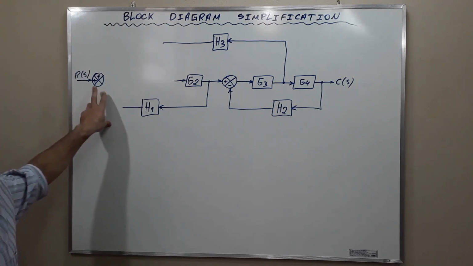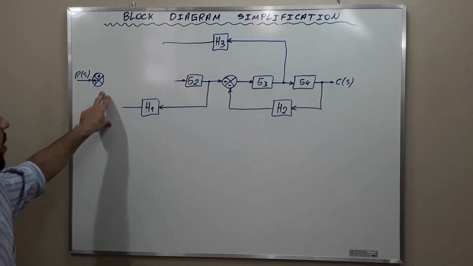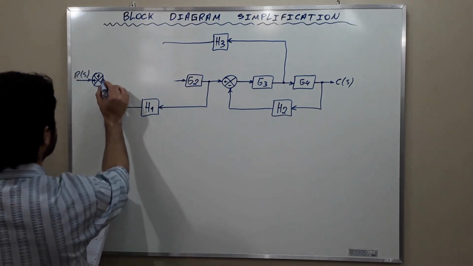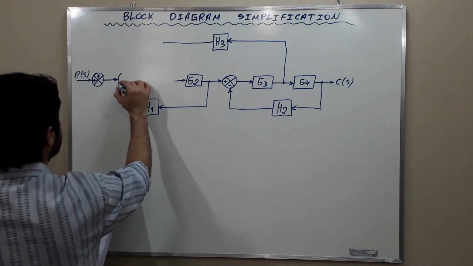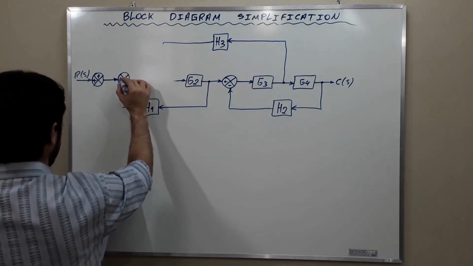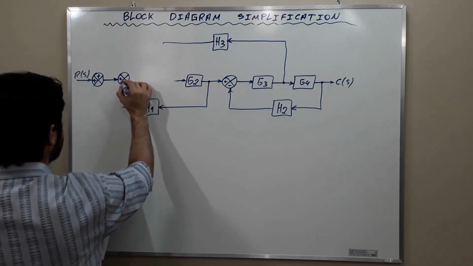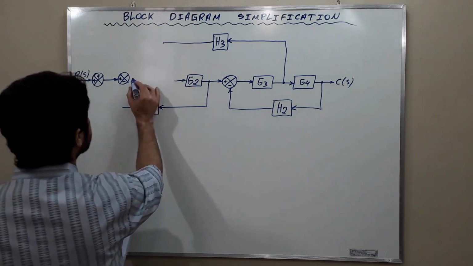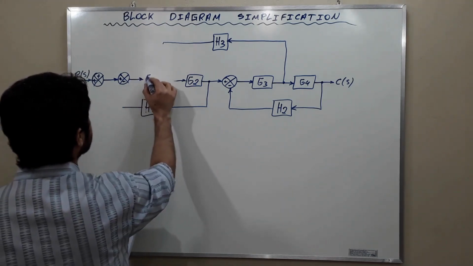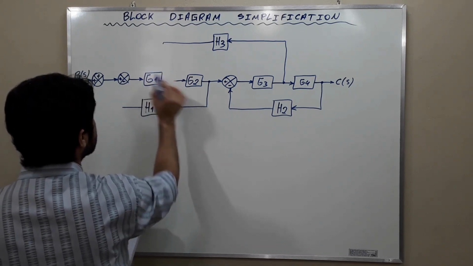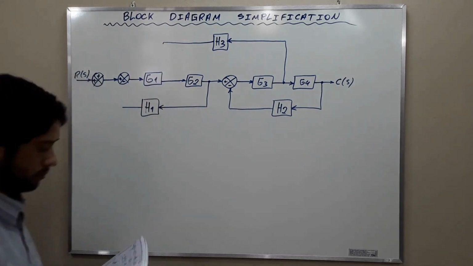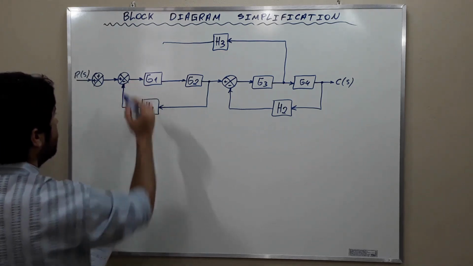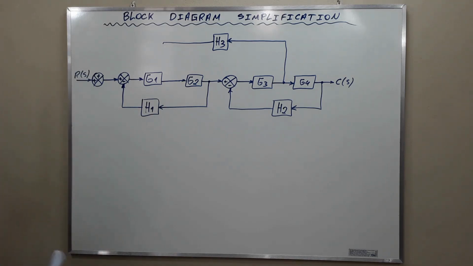Here, there was a plus minus error. Now it is a plus plus error. We put the plus minus error here. And H1 is connected to this feedback loop here.